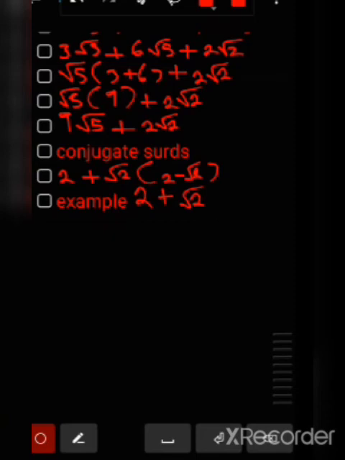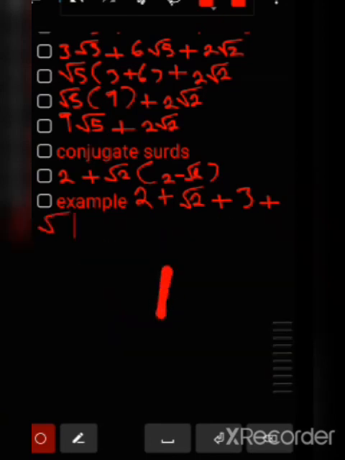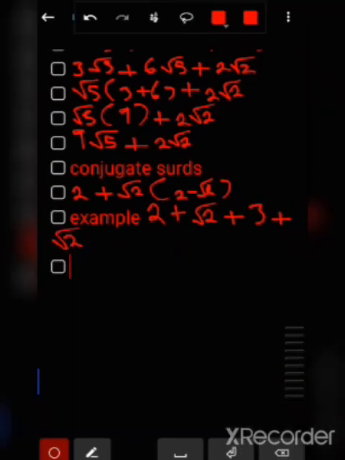You're going to add that with this, 3 plus root 2. Group the like radicals.